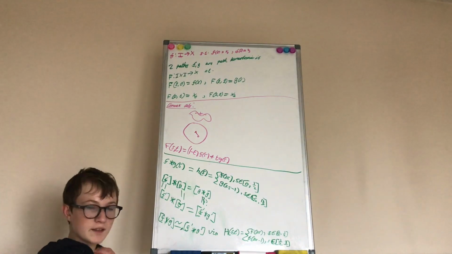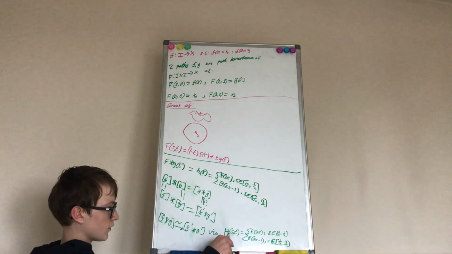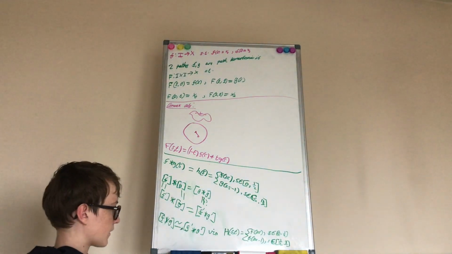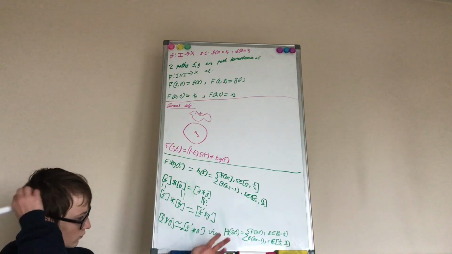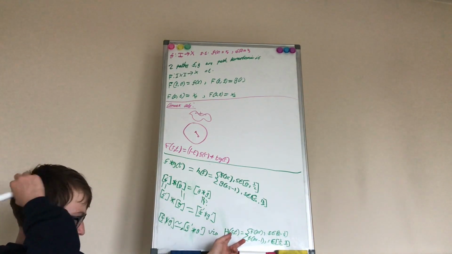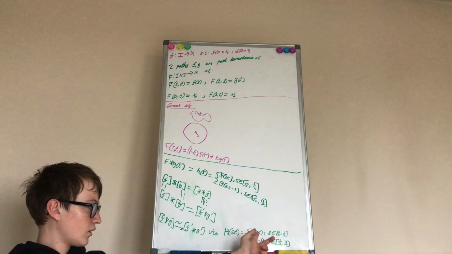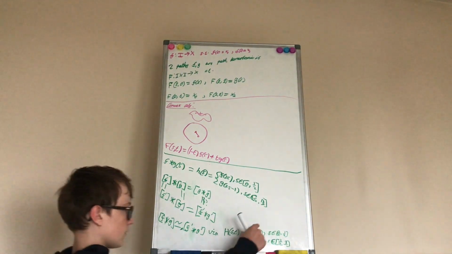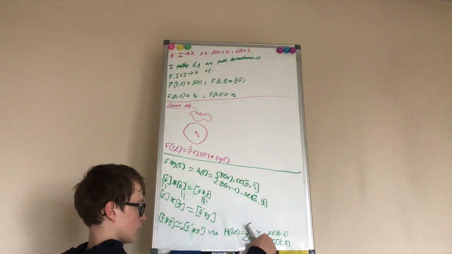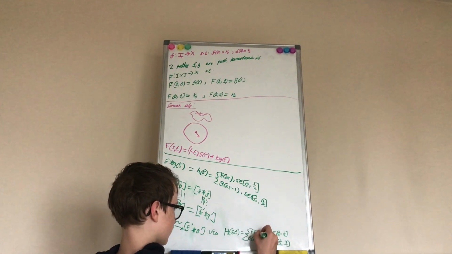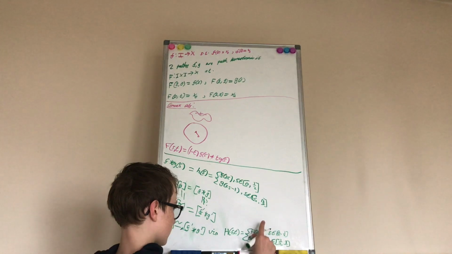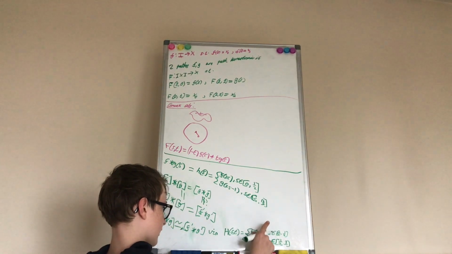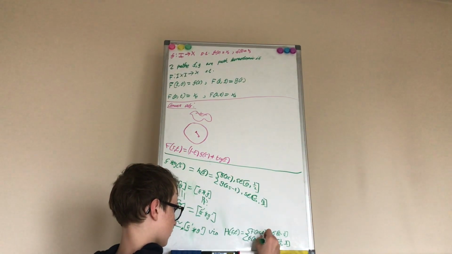Why is this true? Well, it's easy to verify because remember that if we plug in a half, we get capital F of 2s comma t, capital G of 2s minus 1 comma t.